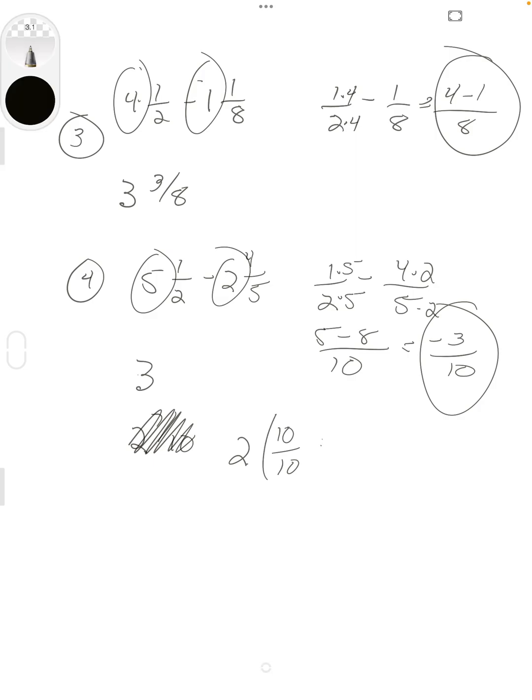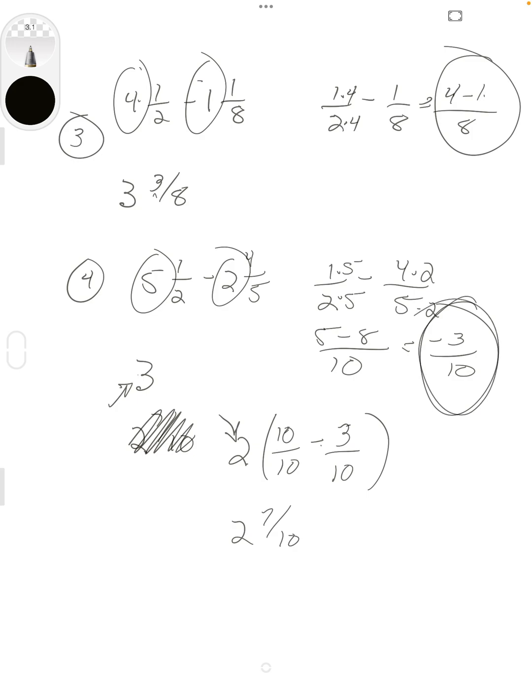Minus 3/10, or 2 and what's 10 minus 3? 7/10. So I'm going to borrow 1 from here, reduce it by 1, and then just do this fraction. Okay, and that's the fourth level of difficulty, when it doesn't work out. 4 minus 1 is 3.